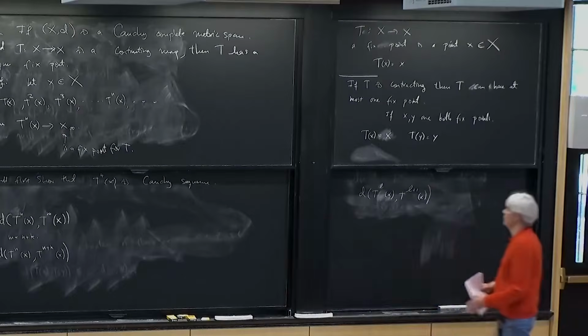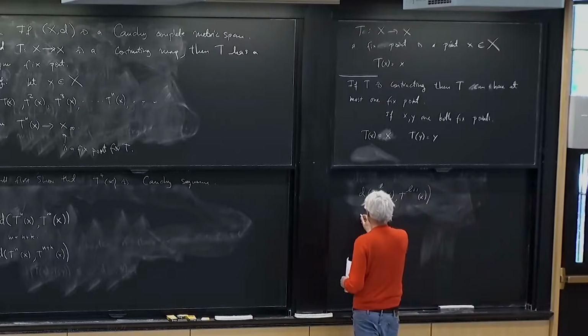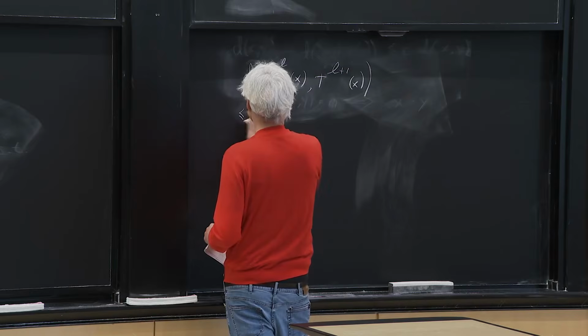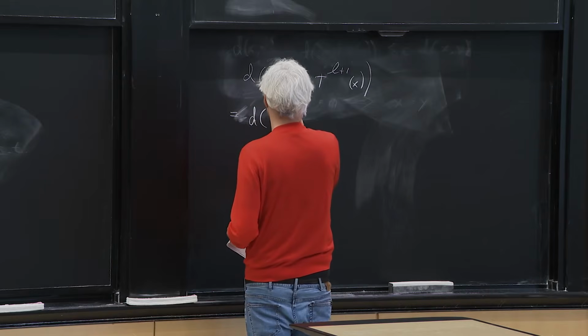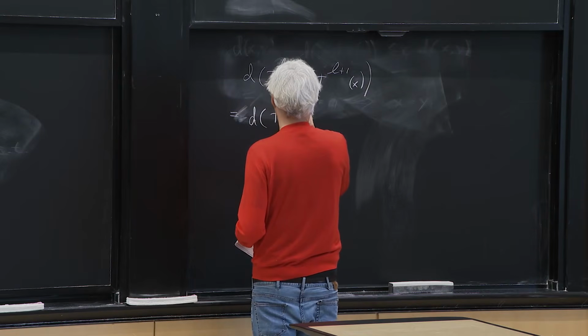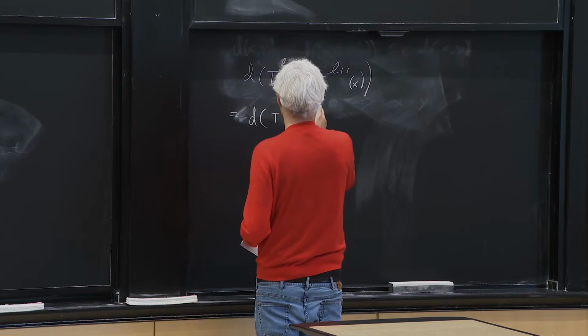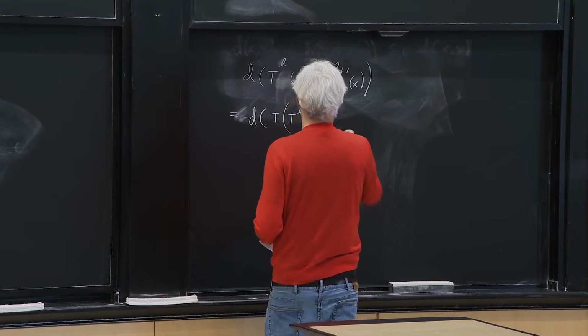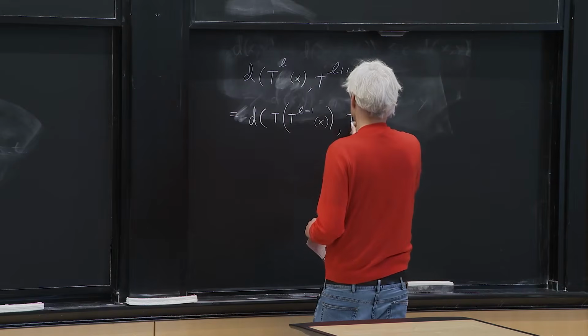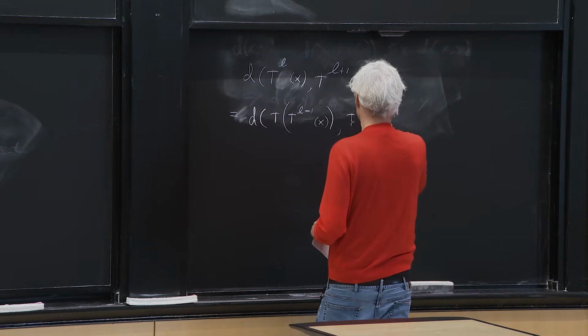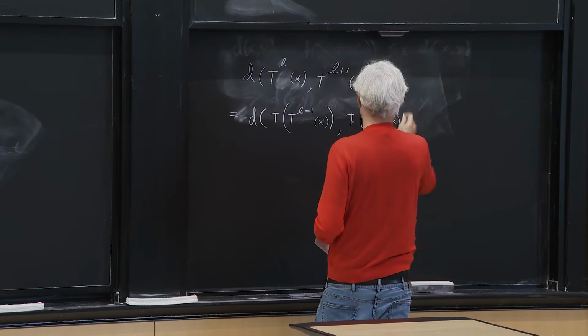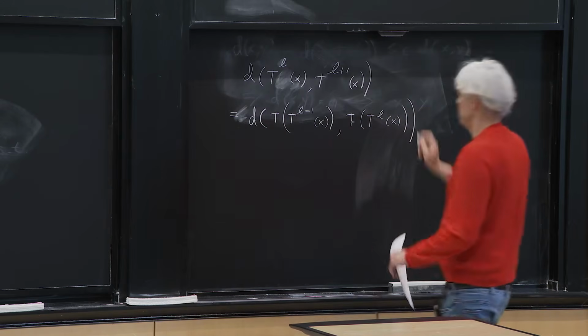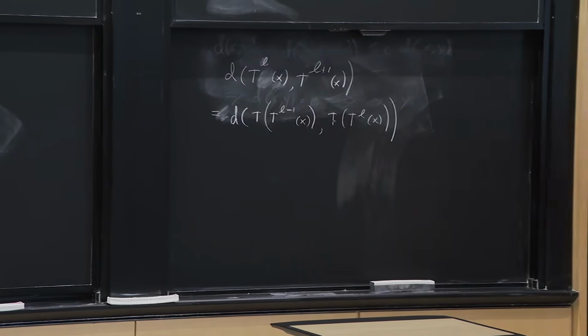So this thing here is equal to the distance between T of T^(L-1) of X and T of T^L of X, like that. I can write it like that, right?